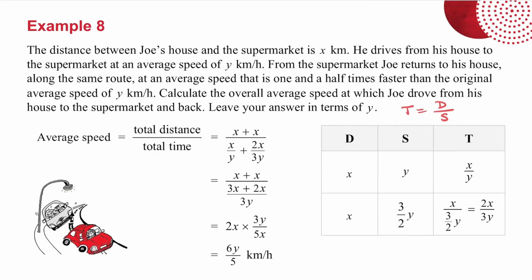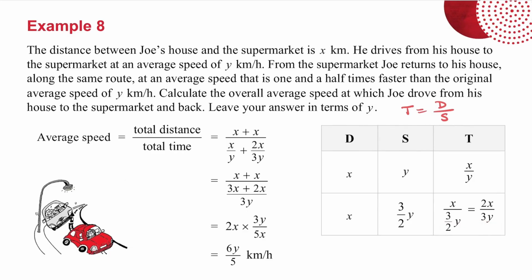So time is distance divided by speed. And when I divide by a fraction, remember I multiply by the reciprocal. So invert the fraction and I get 2/3, and I multiply by that. So I get 2x over 3y for the time.